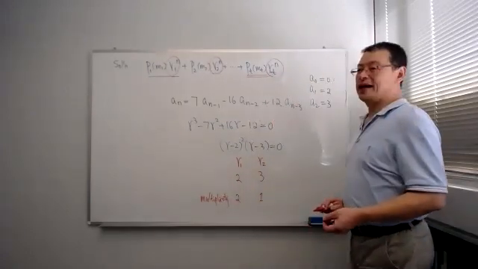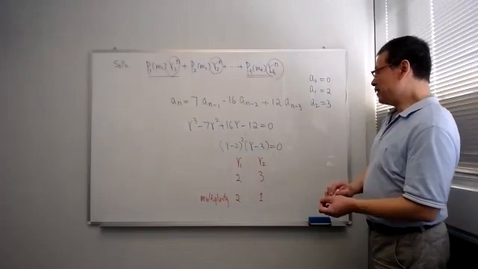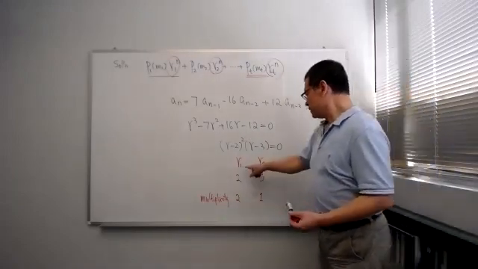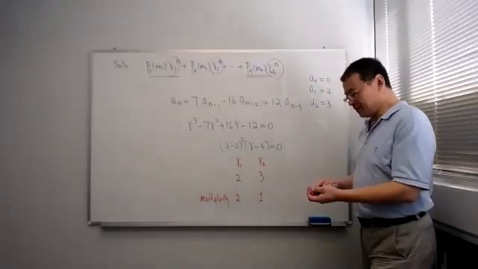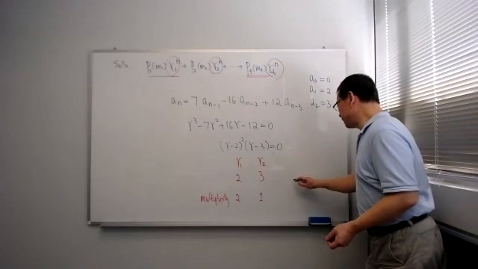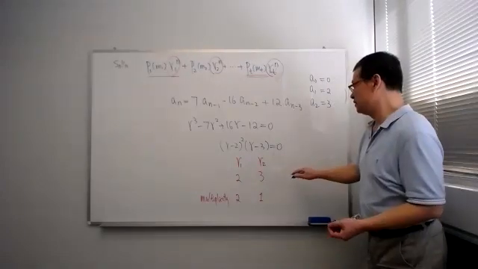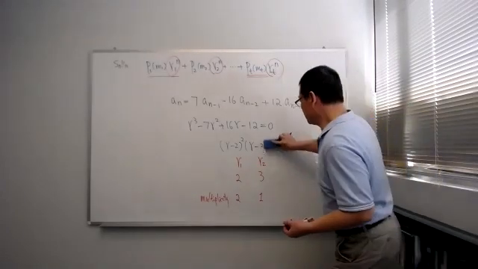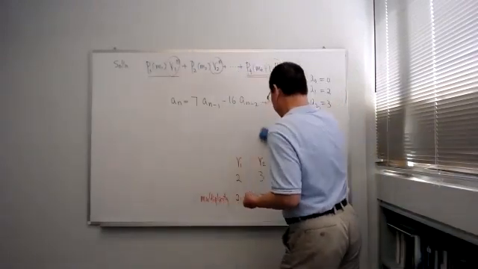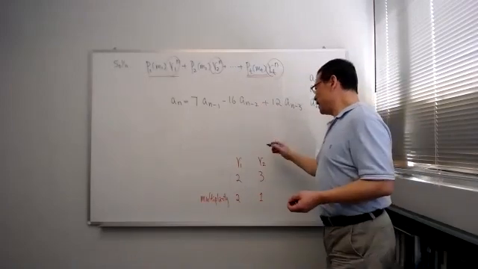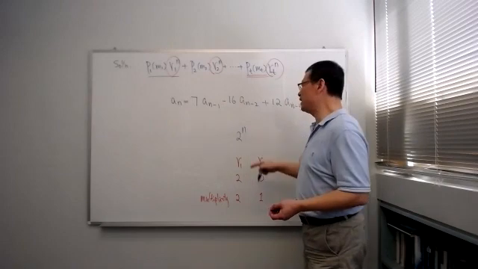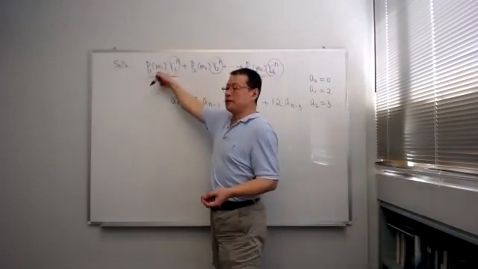All right. So once we have this, we know its solution is of the following form. For r1, this root contributes the following term: 2 to the power n, times a polynomial of degree 1.